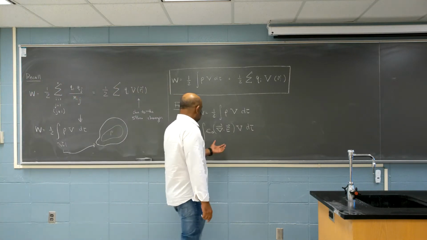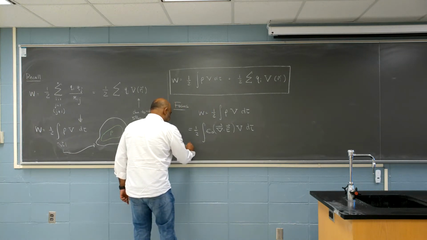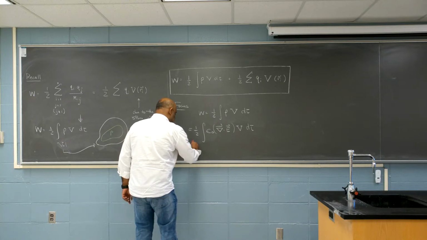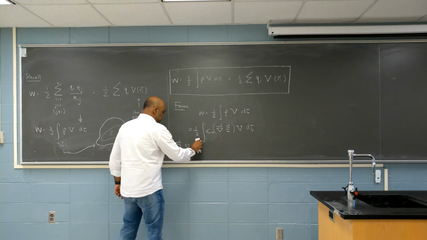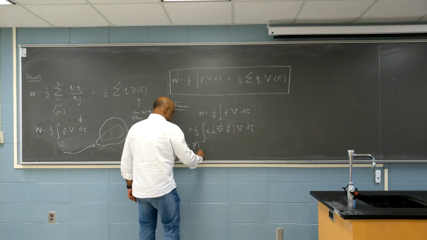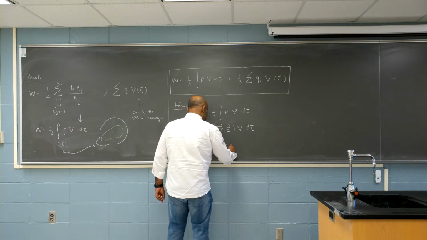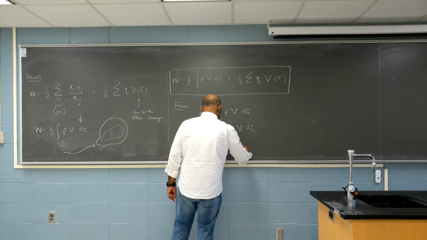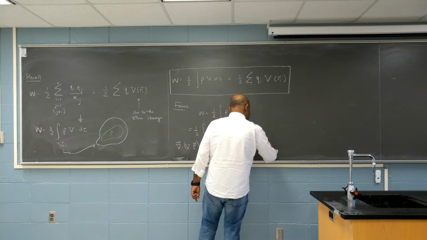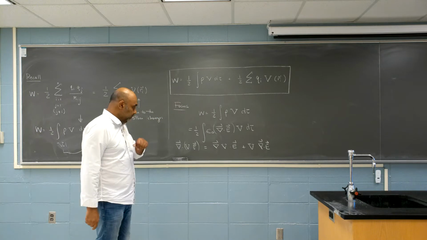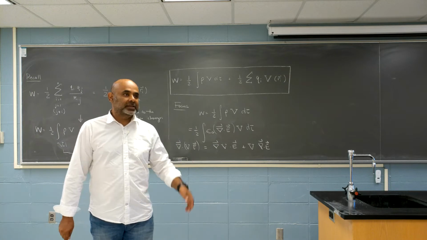And then what I'm going to do is the following. I'm going to write divergence of a scalar function V times the electric field, V E, that's equal to gradient of V dot E plus V times the divergence of E. Just the product formula, again from the inside cover.